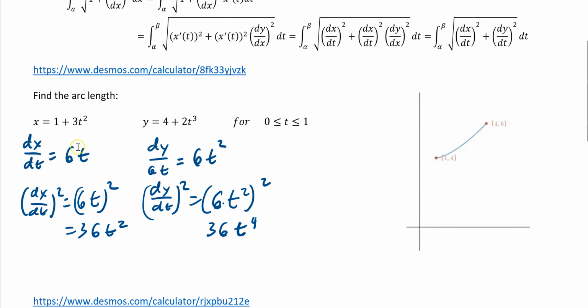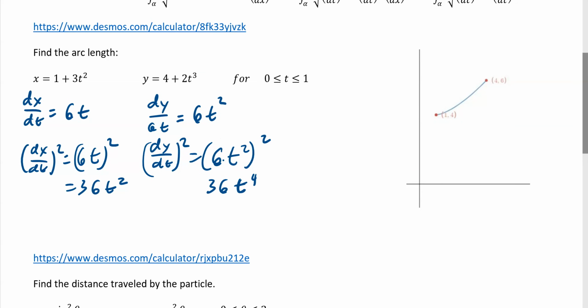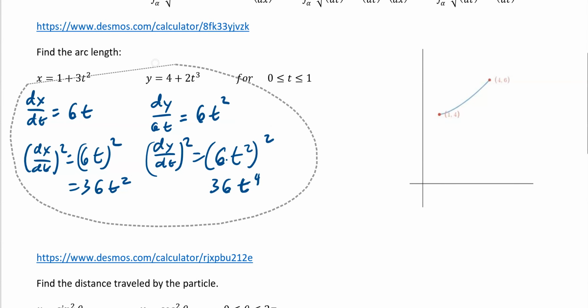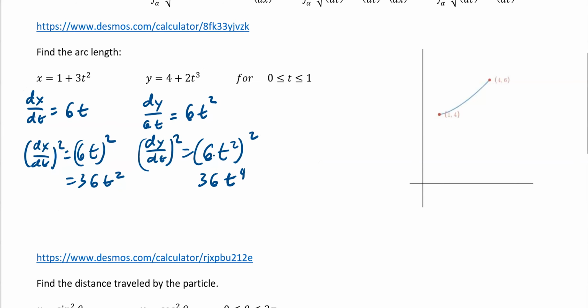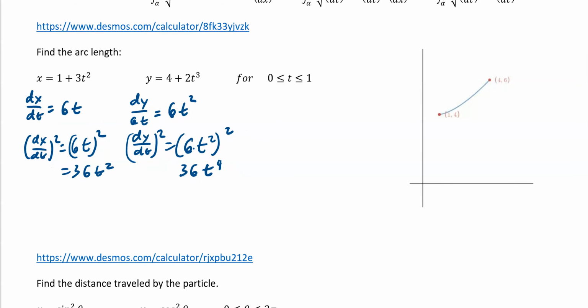All right, so now we have our dx dt squared, our dy dt squared, and now we just need to add them together and put a square root around it. So I'm going to actually shrink this a bit. So we get the square root of 36t squared plus 36t to the 4th.